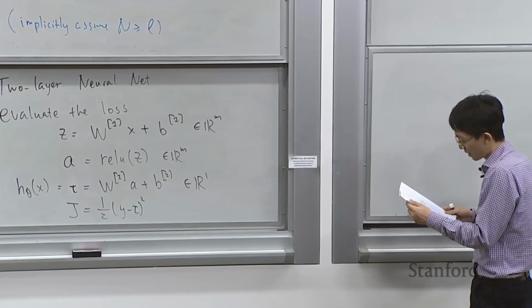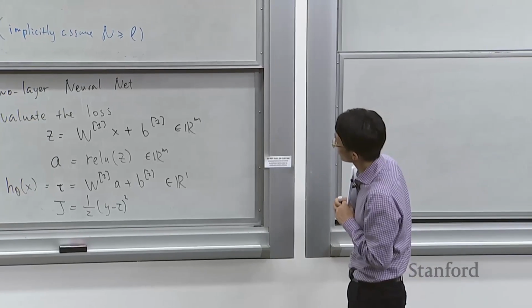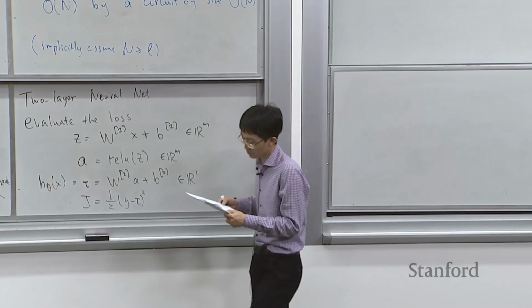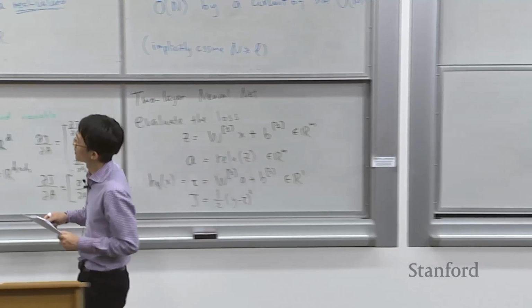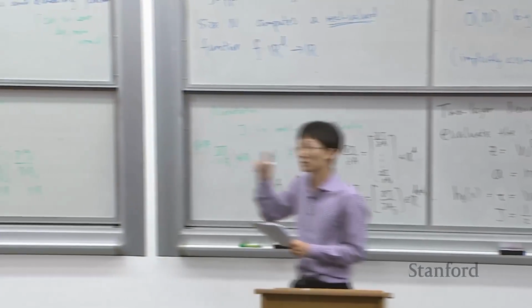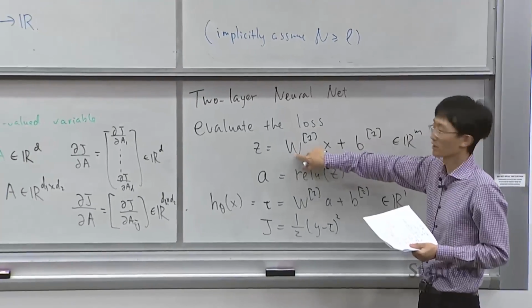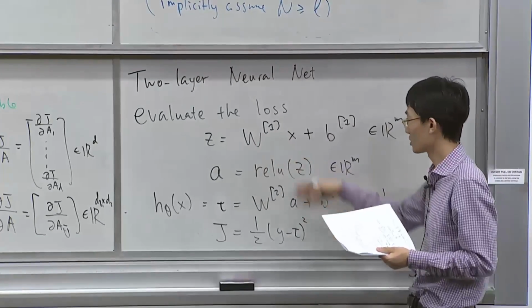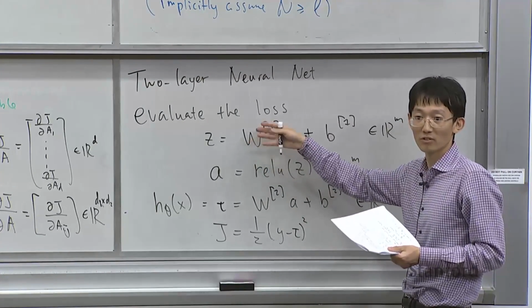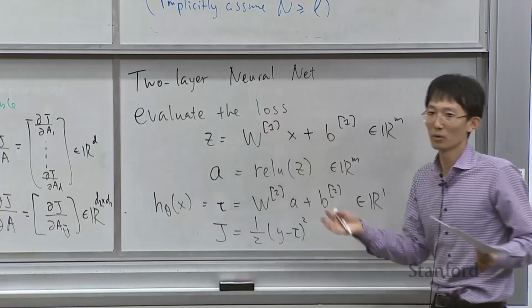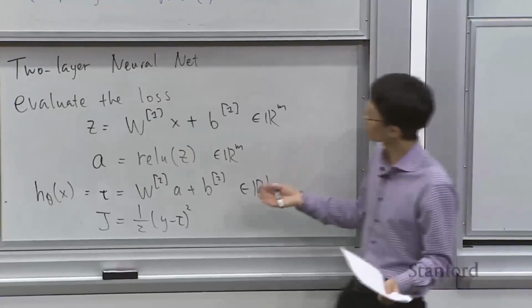Okay, so what I'm going to do is try to use some chain rule with this. So how do you use chain rule? For example, if you just look at one entry of this matrix, you can use the chain rule to derive the derivative of that entry. That's the typical way that we do it. It's going to be a very complex formula, but you can still do it.